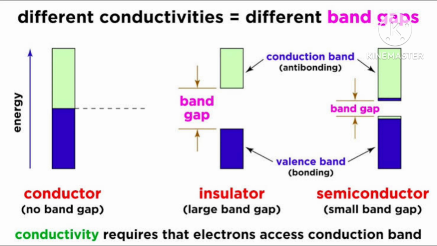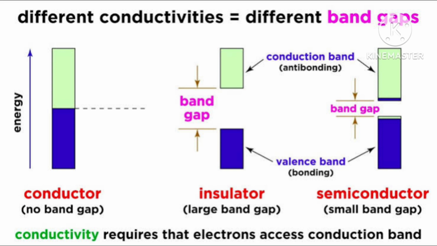The gap is there between the filled valence band and the conduction band, that's why they can't jump, and this will have very small conductivity, and it behaves as an insulator.